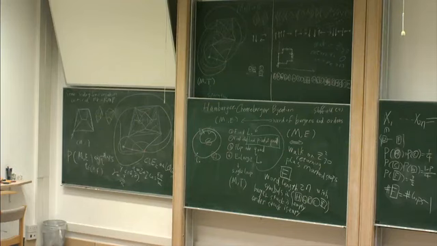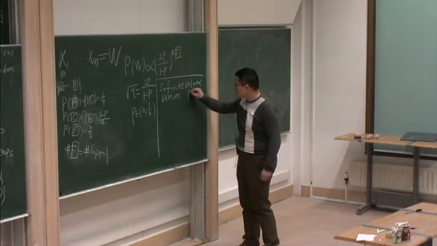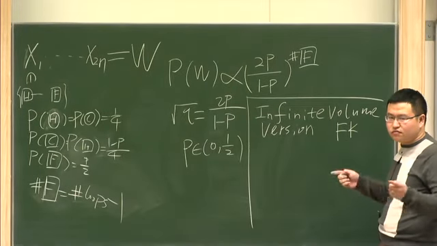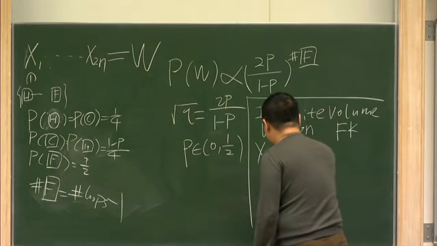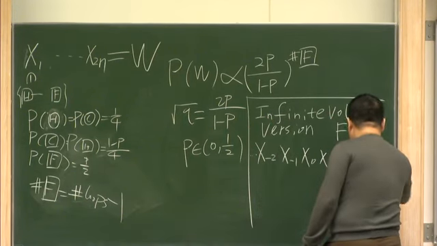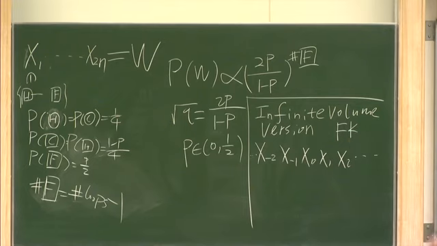So at the end, if you want to consider the infinite volume version of this FK, what you will get is a bi-infinite sequence of letters. And these are just an IID sequence according to that weight.